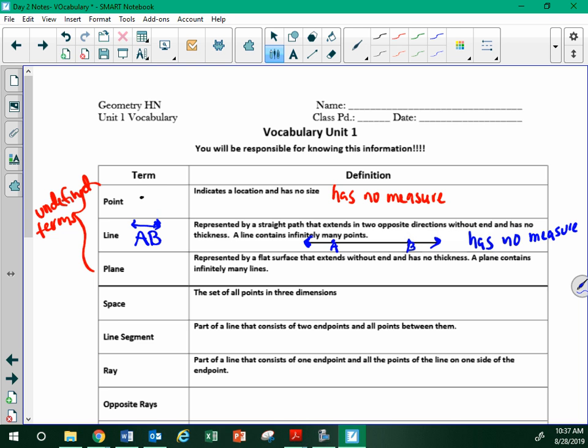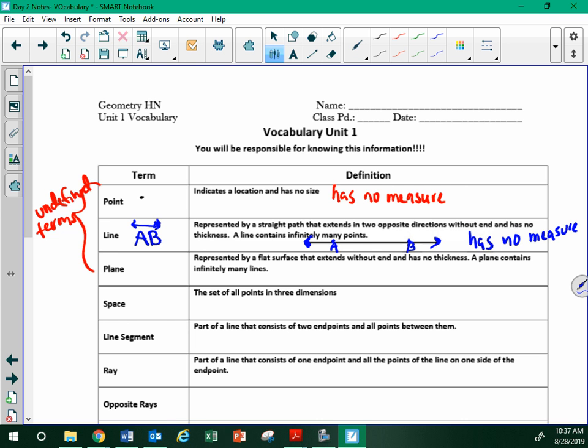We do need to have the arrows to indicate that it is a line versus a line segment. So when I say line AB, I'm talking about the line that contains points A and B. I could also say line BA. It's going to be the same line, right? It doesn't matter what order we put those points.